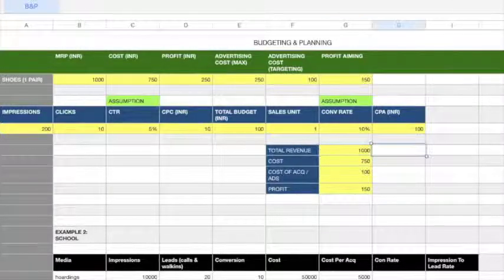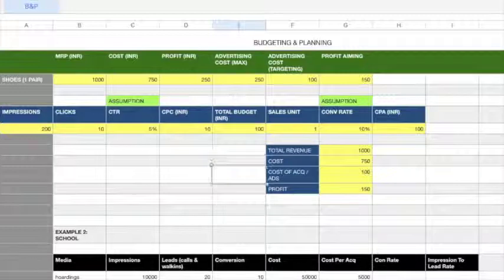That's the revenue that I am going to get by selling one pair of shoes. My cost is 750 rupees, already given to me. My cost of advertising is 100 rupees, coming from here. That's my total budget that I'm spending, and my profit is 150 bucks, which I've achieved.